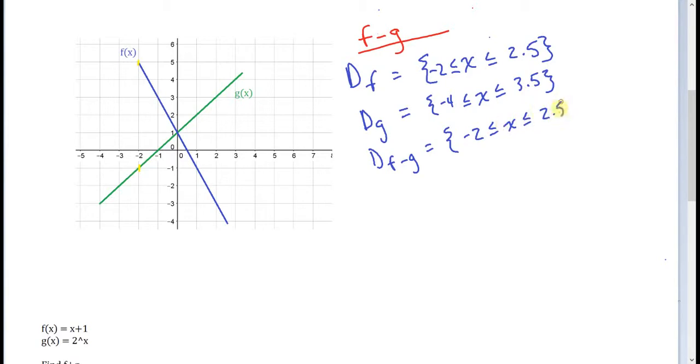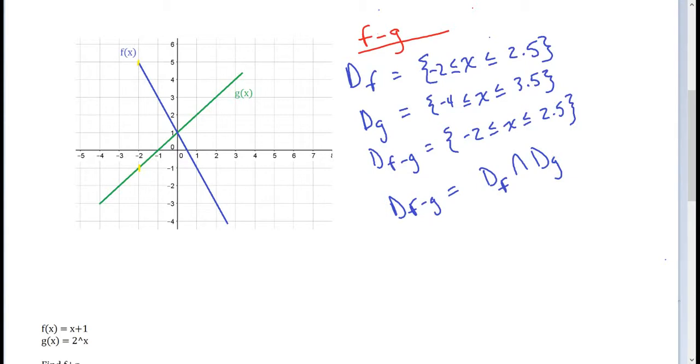Another way we can express this in general with the domain is that the domain of f minus g is equal to the intersection of the domain of f and the domain of g.